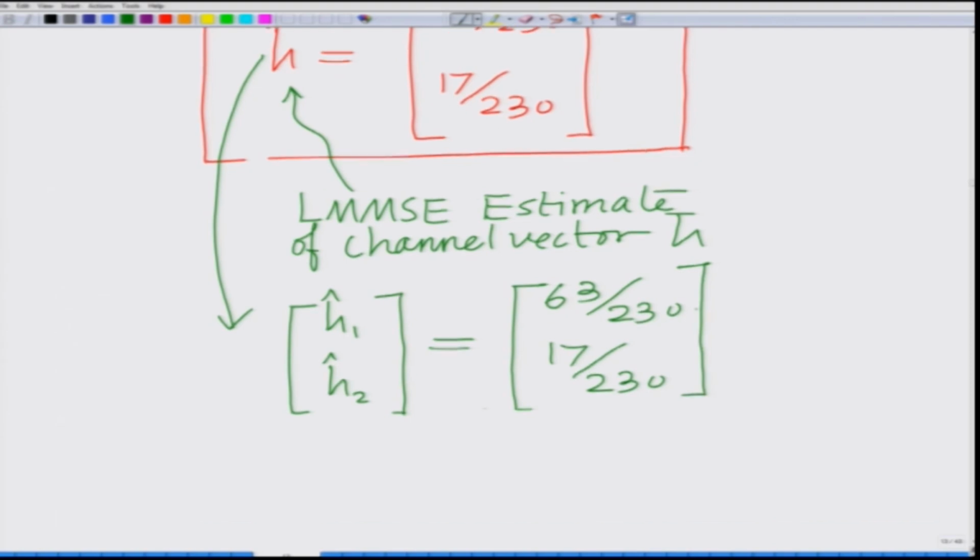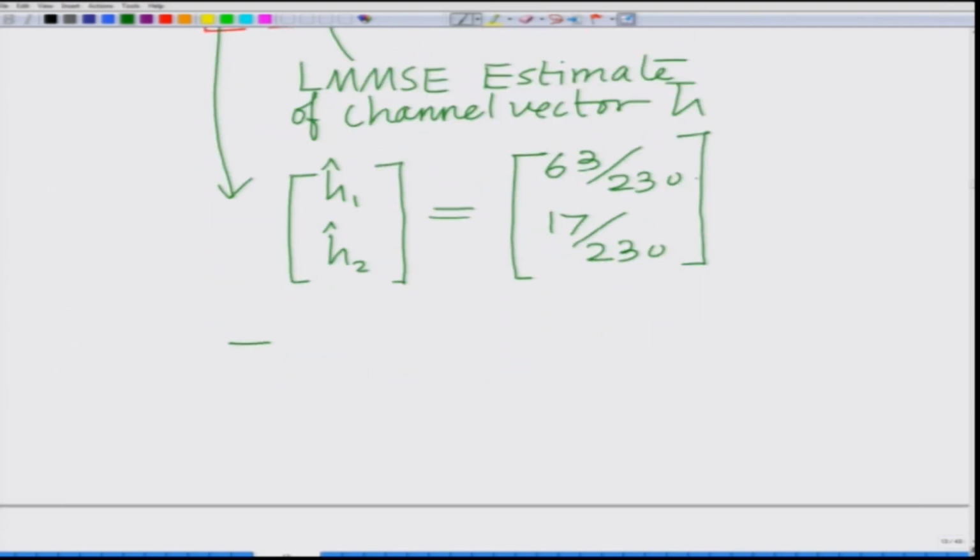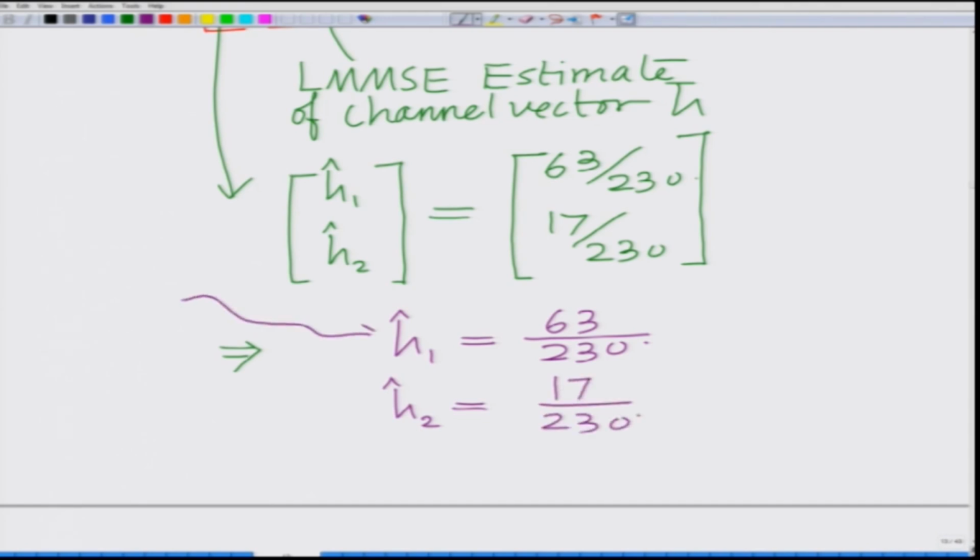which implies that now if you just write it explicitly again, although all of these are very clear from the example, just to write this a little bit more explicitly, H1 hat equals 63 by 230 and H2 hat equals 17 by 230. What is H1 hat?